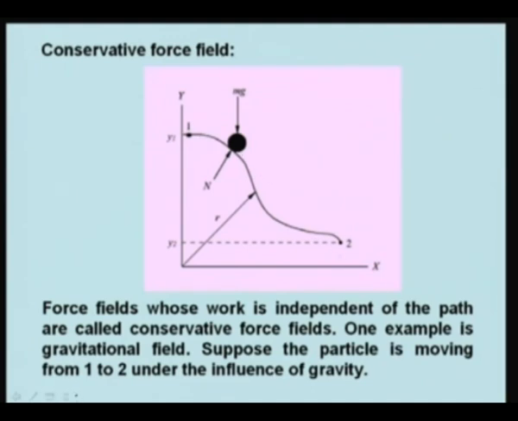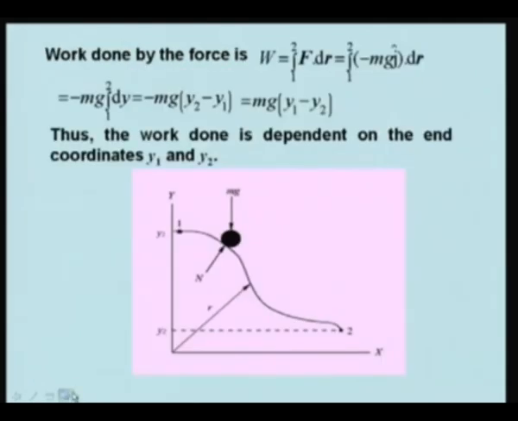In that case, work done by the force is W is equal to integral 1 to 2 F dot dr. r is the position vector of the particle at any instant. r keeps on changing as the particle is moving along the path.